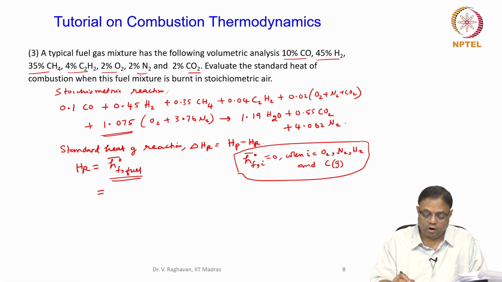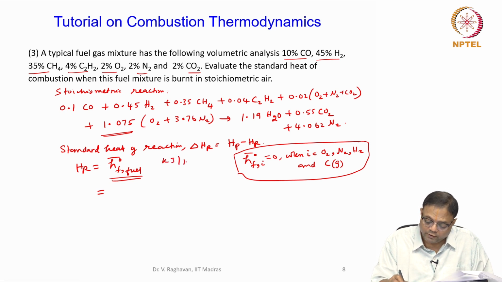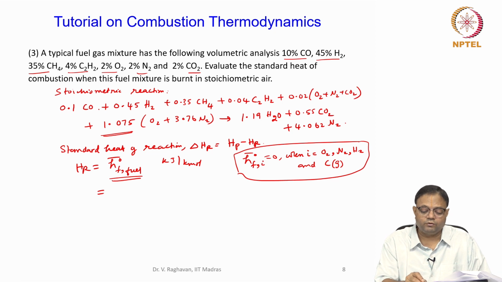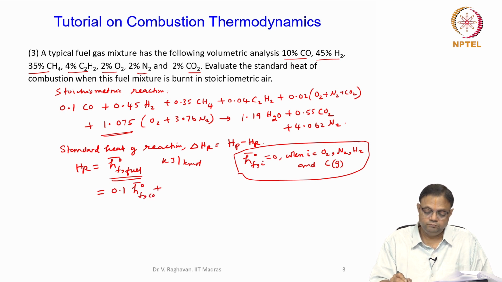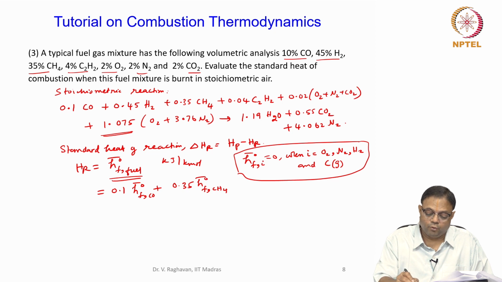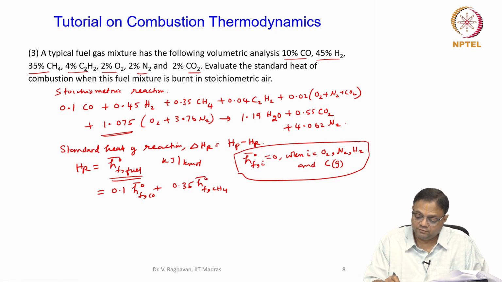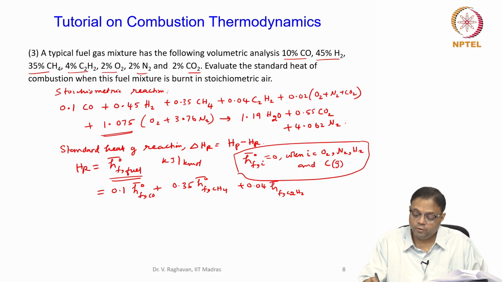If we want to calculate in kilojoule per kilomole, just multiply the number of moles and this. For example, here I can say 0.1 times enthalpy of formation of CO plus 0.35 times enthalpy of formation of CH4, because this is 0, hydrogen is 0, plus 0.04 times enthalpy of formation of C2H2 plus 0.02 times enthalpy of formation of CO2.